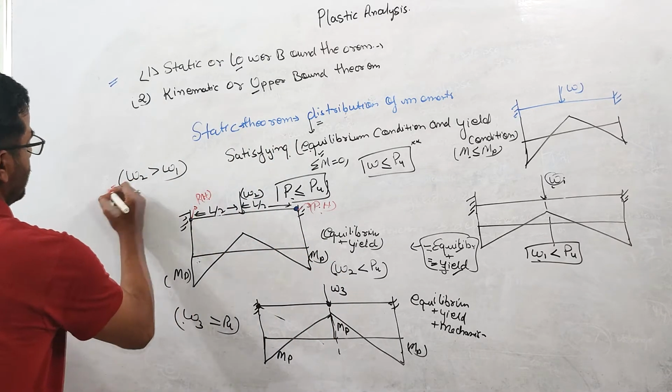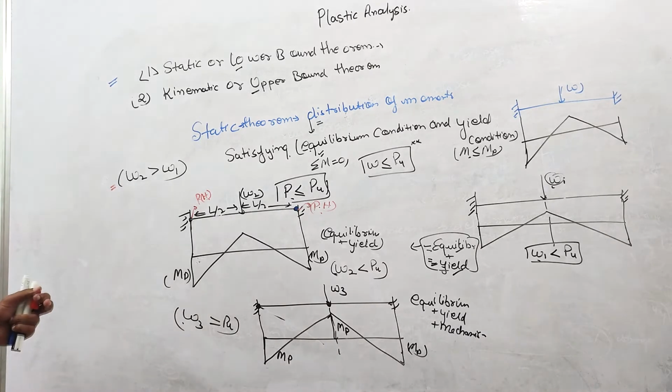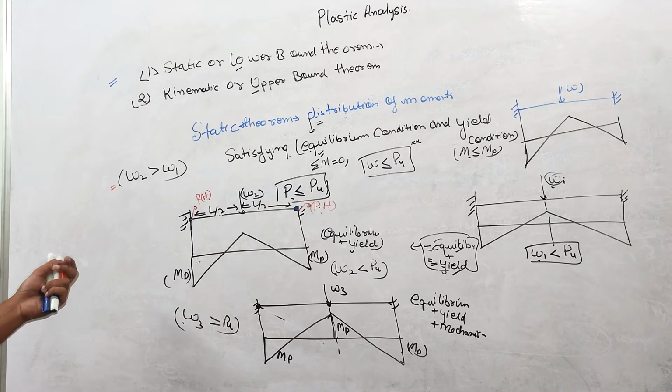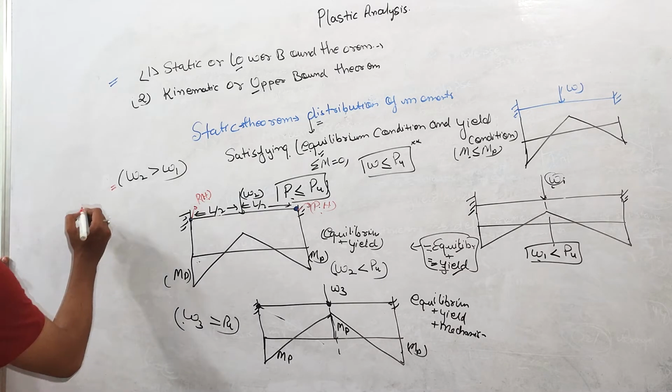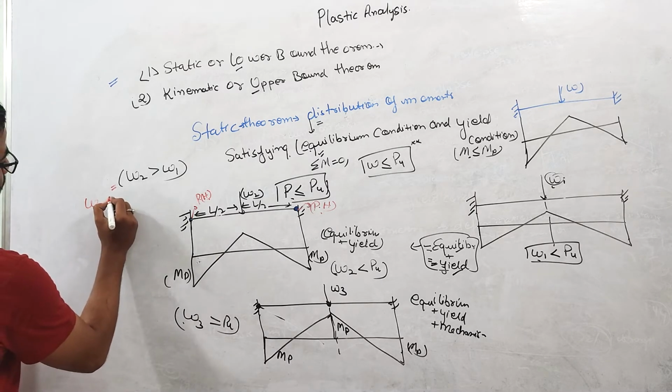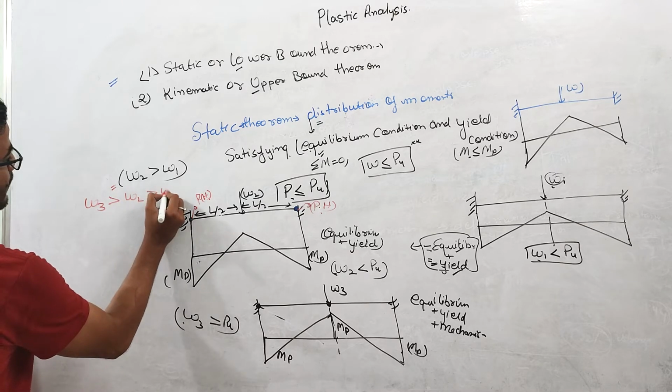Right. So this is basically the static theorem. So here you can see that this W3 load is greater than W2, which is greater than W1.